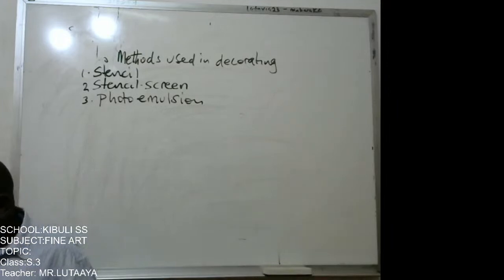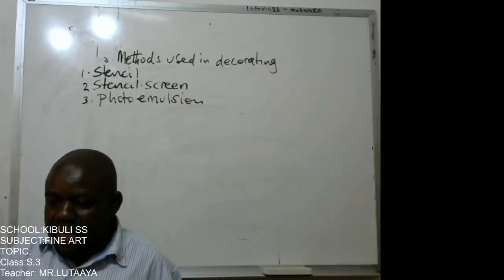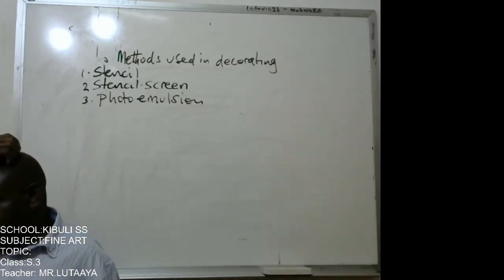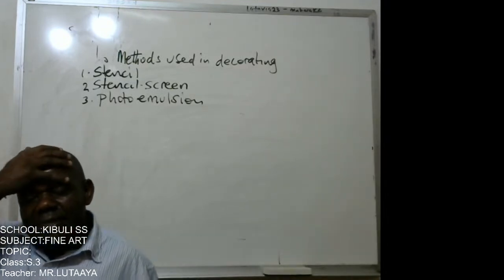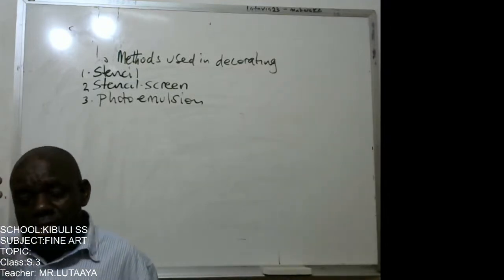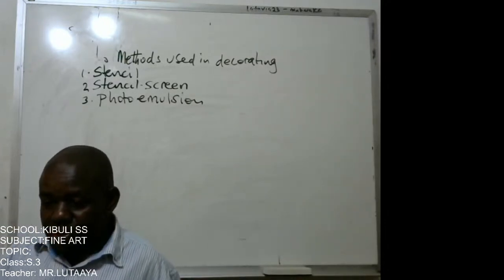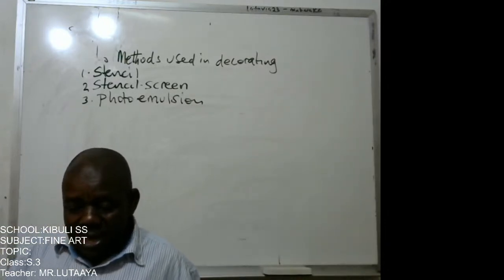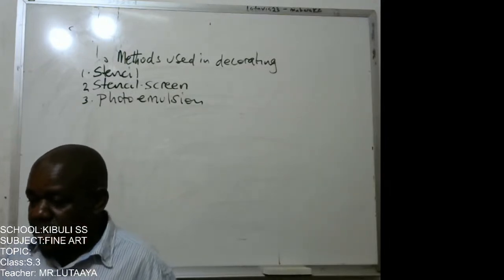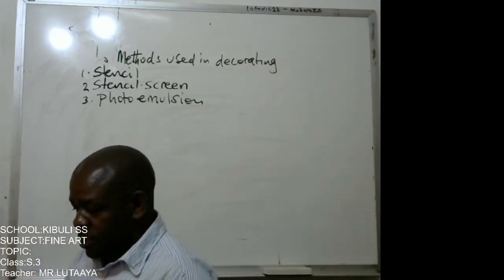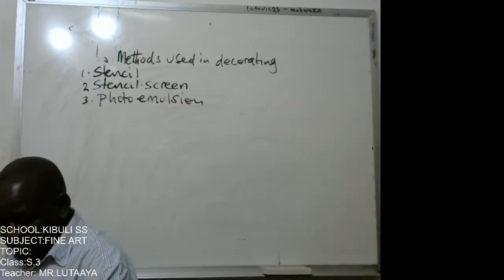It is a very good method or technique when we are printing. Although you have to incur some costs or expense on preparing the stencil, because there are some other materials that we need in order to prepare this stencil for photo emulsion.